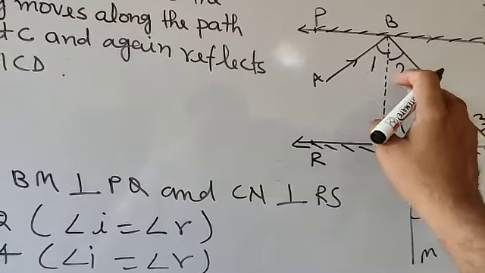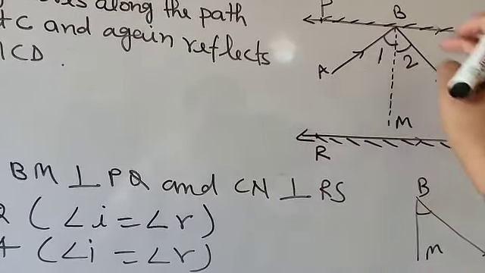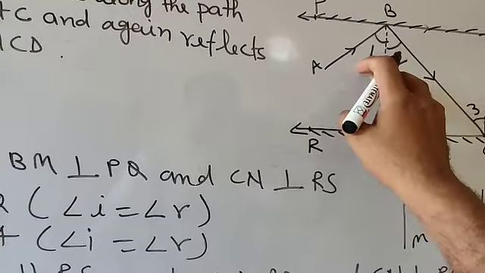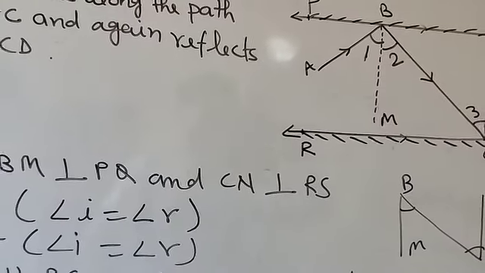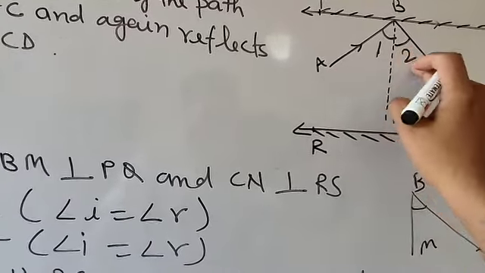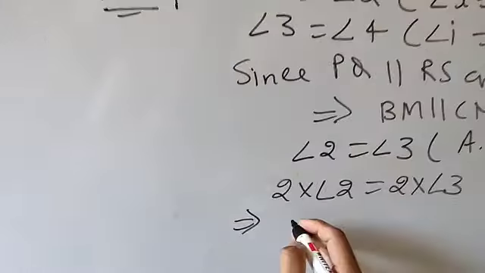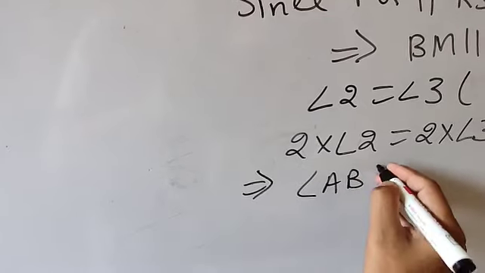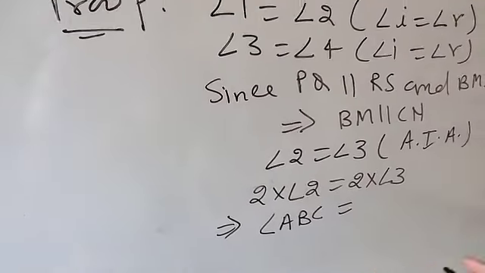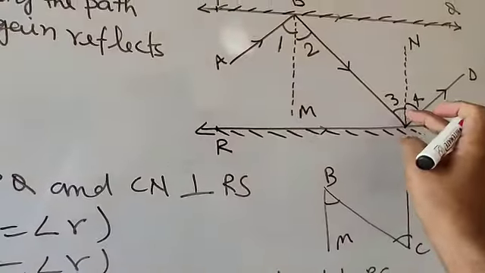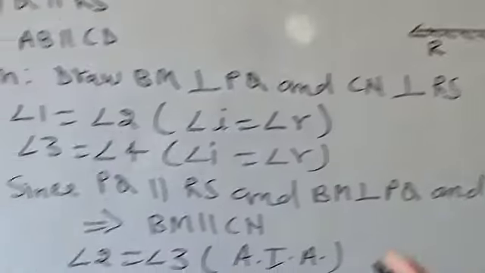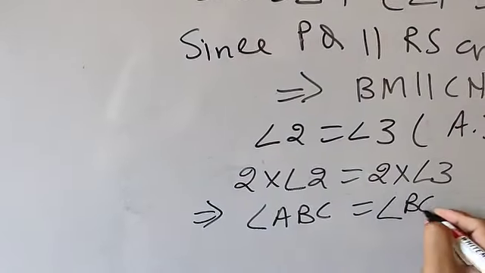So 2 times angle 2 will be angle 1 plus angle 2, that will be angle ABC. So it can be written as angle ABC equal to, and 2 times angle 3 equal to angle BCD. So it is equal to angle BCD.